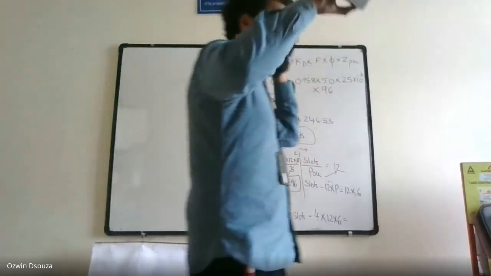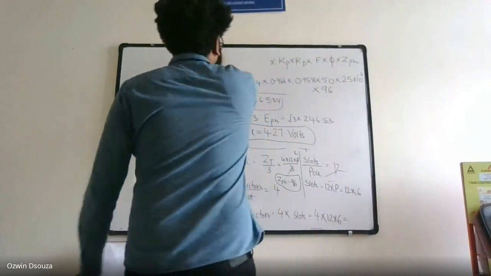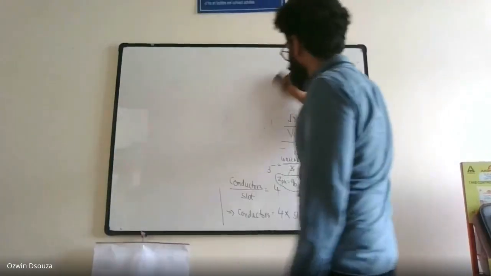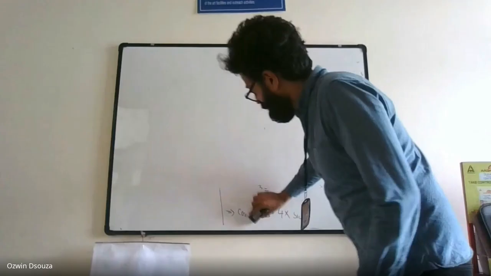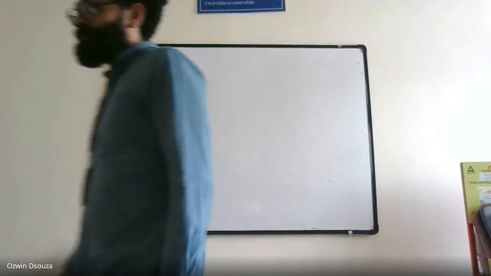So instead of 4.44, it will be 2.22 because we are taking Z phase. Yes, correct. Because you are taking Z phase. 2.22 is for Z phase; 4.44 is for T phase, turns per phase.